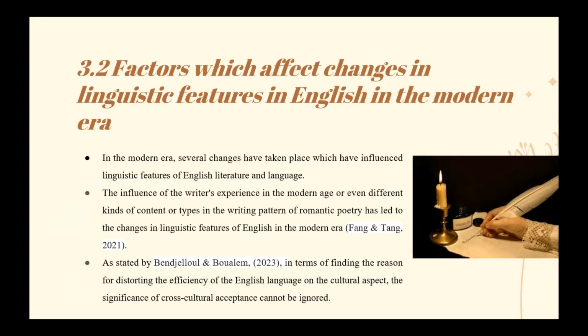The influence of writing experience in the modern age, or even different kinds of content or types in the writing pattern of Romantic poetry, has led to the changes in the linguistic features of English in the modern era. In terms of finding the reason for distorting the efficiency of the English language on the conceptual aspect, cross-cultural acceptance is very important and cannot be ignored.